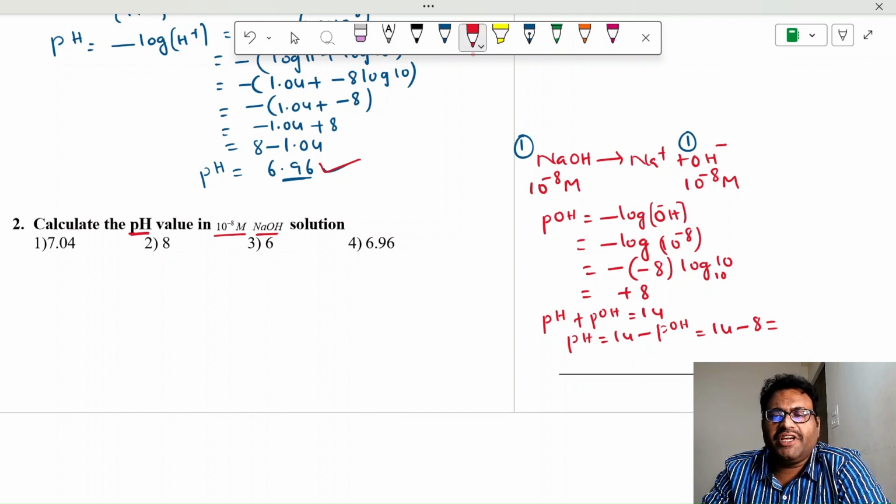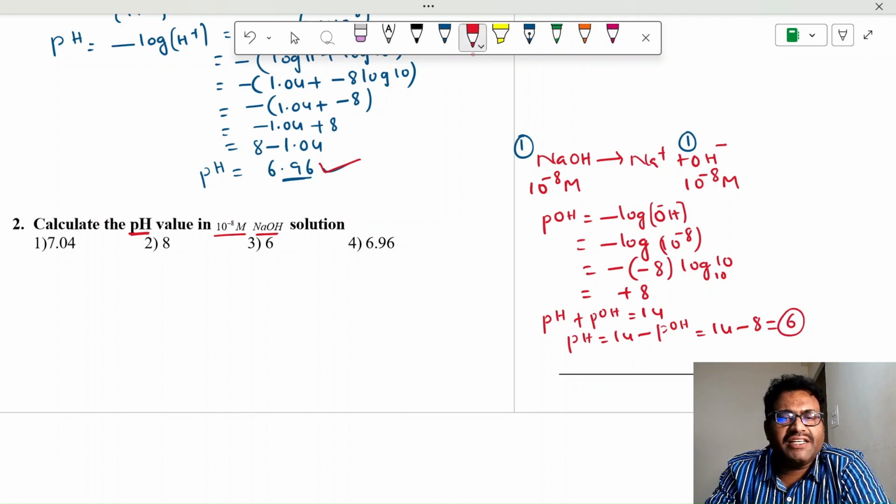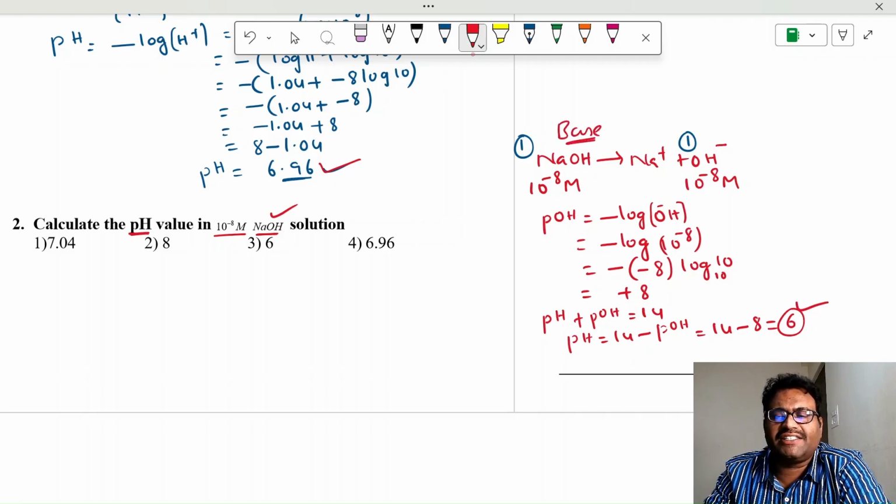Now, NaOH is a base. Can a base have pH 6? What we have studied is that the pH of a base must not be 7 or less than 7.